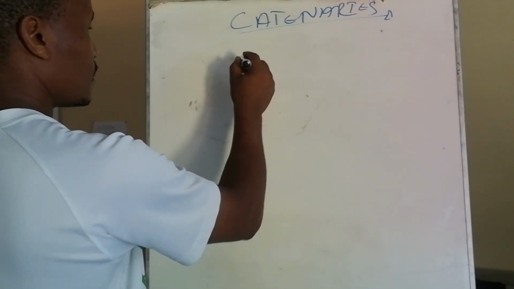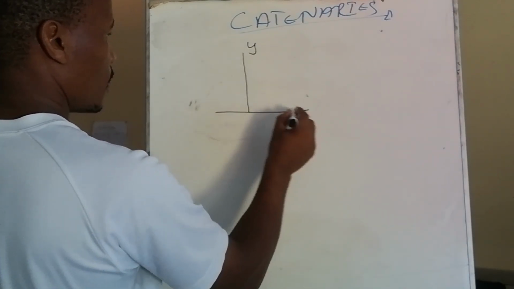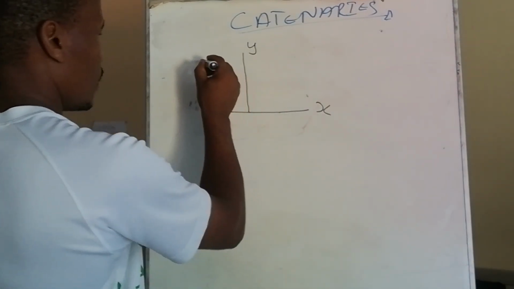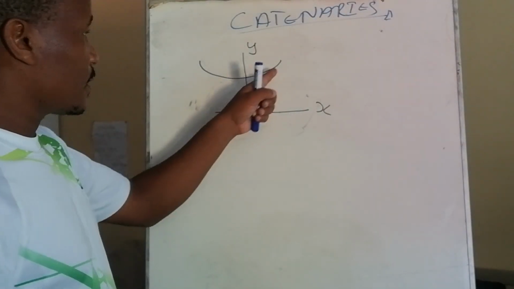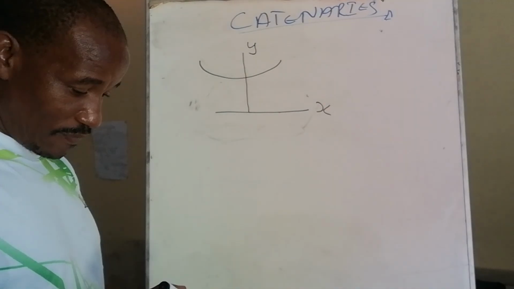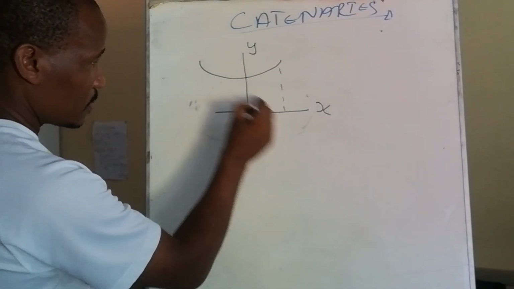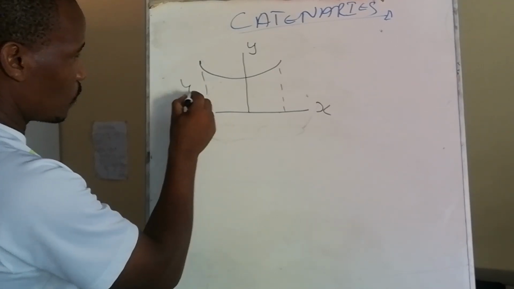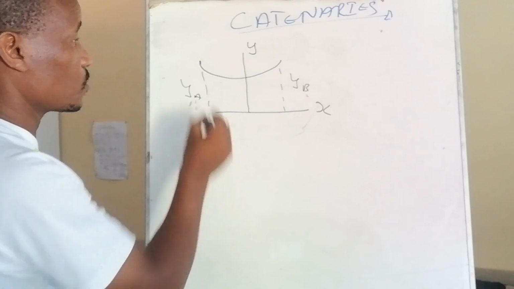Let's say for instance you've got a Cartesian plane here, y, x, and then you've got this cable which hangs freely under gravity. This curve at which it hangs. Let's say for instance we've got YA there, YB there, which are the supports of course.